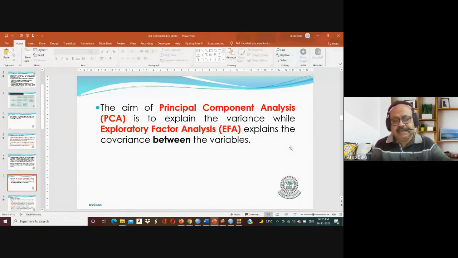So in case of factor analysis, we start with the variables or the set of data or the set of statements in certain cases, which you will find in journal papers or in books also written as items.